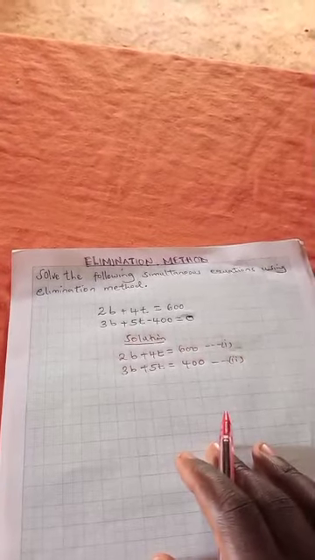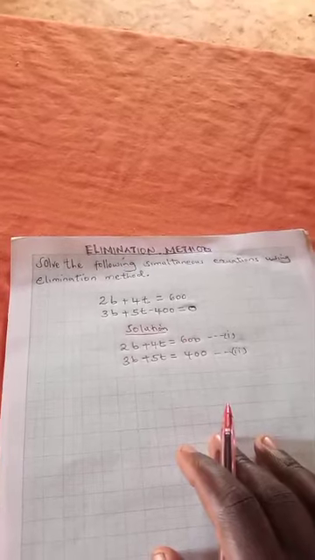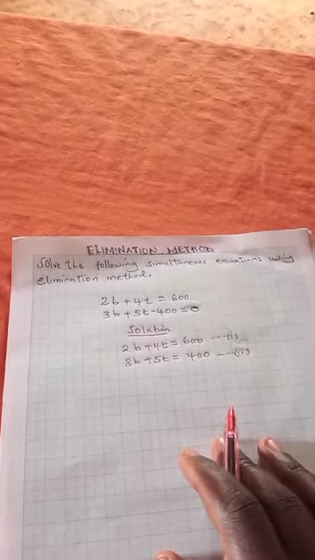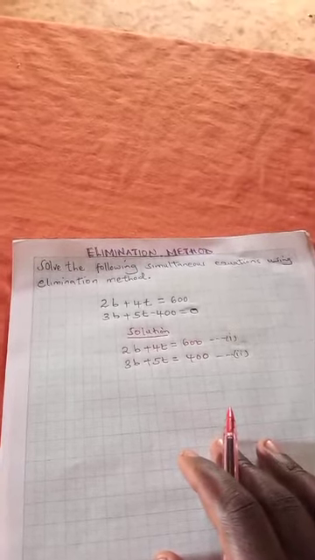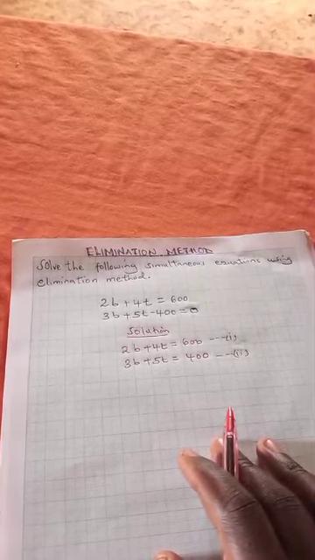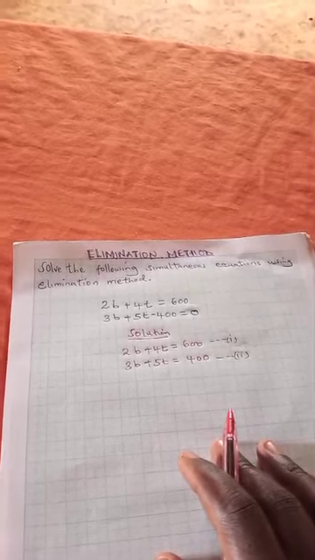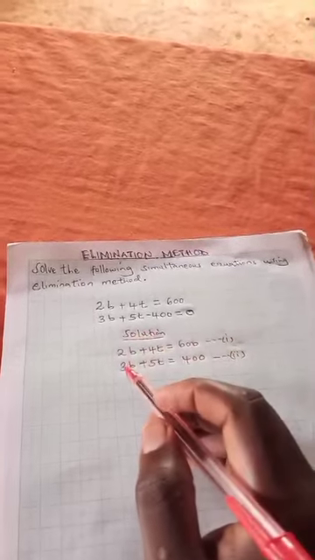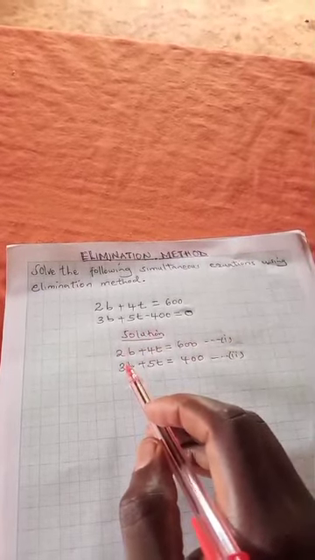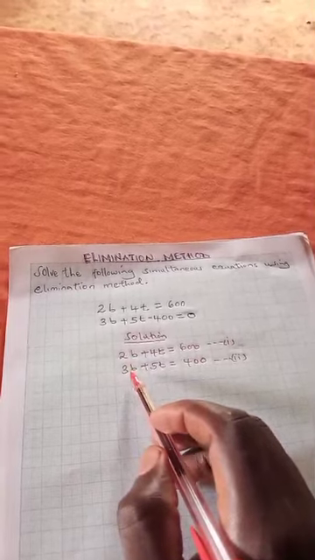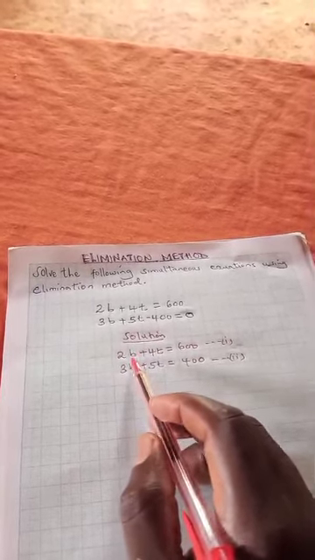Now we want to eliminate one unknown, and for us to eliminate one unknown, we'll have to make the coefficient of that unknown similar. Like now, we can go ahead and eliminate b. And how are we going to eliminate this b?